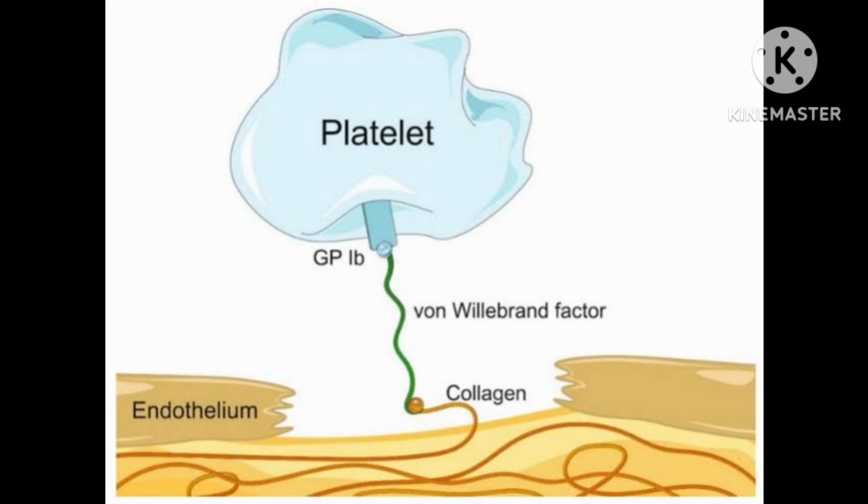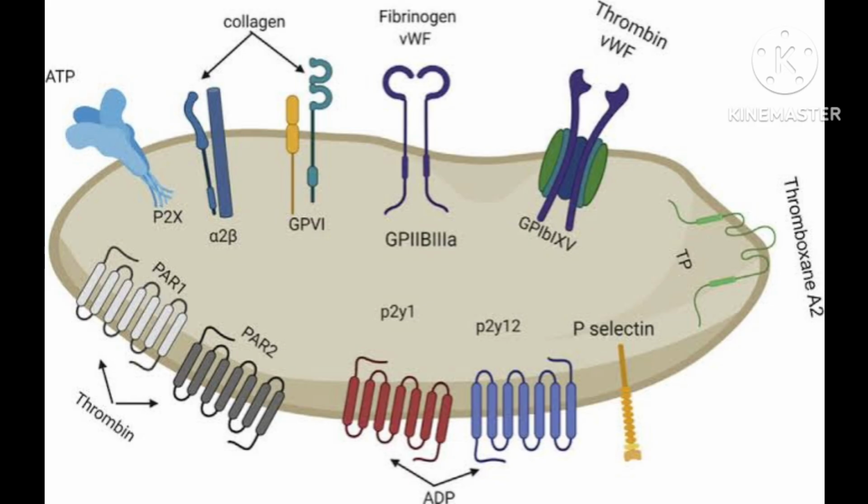So von Willebrand factor acts as a bridge between the platelet glycoprotein 1b receptor and the exposed collagen, anchoring platelets to the injury site. In patients who have defective von Willebrand factor, proper platelet adhesion is prevented.